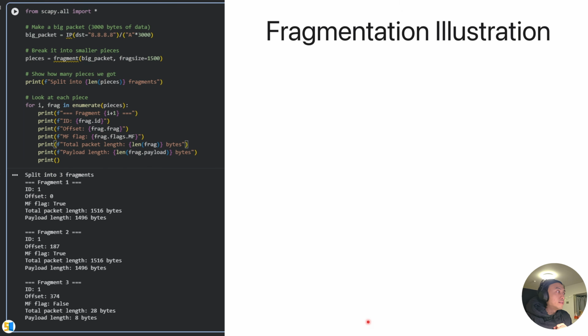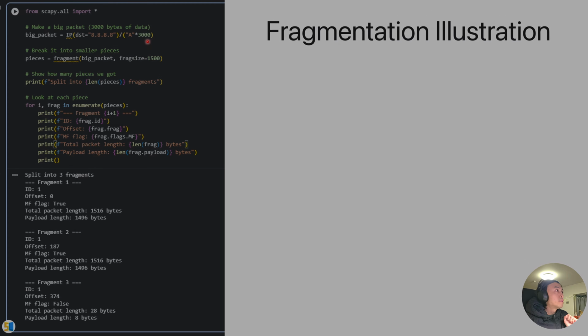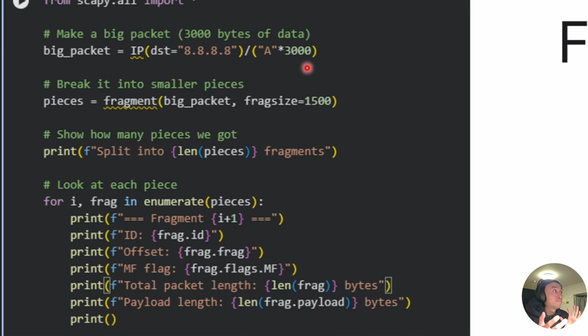So let's see the illustrations. On the left, I have a simple code written in Python using Scapy. Scapy is a library to simulate networking things. So I have a big package of 'A' times 3000.